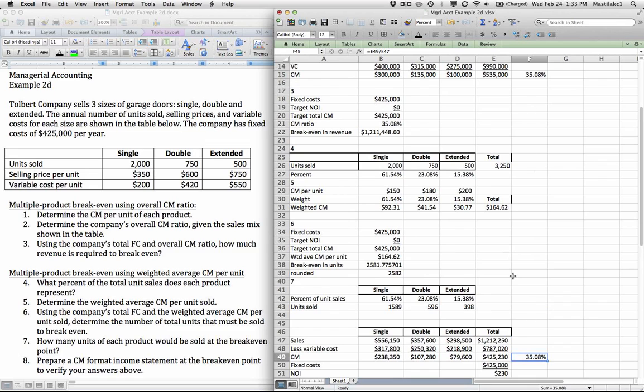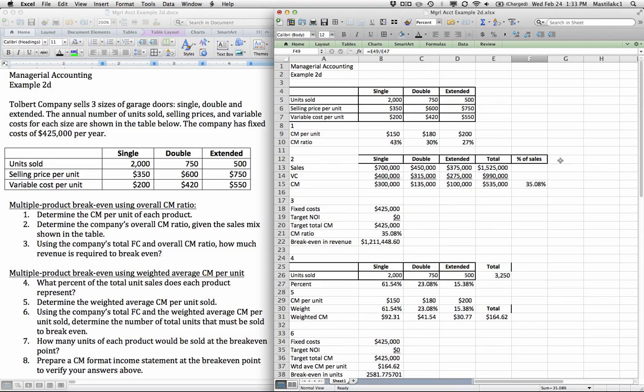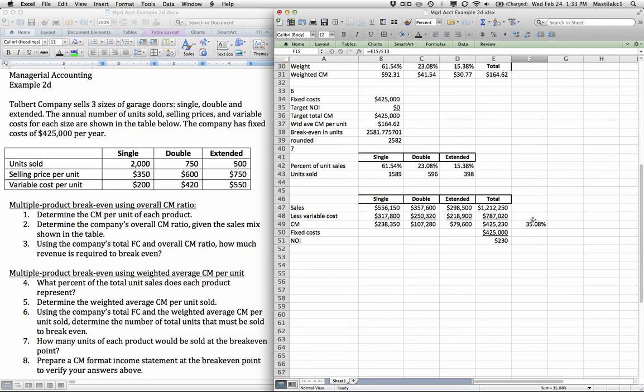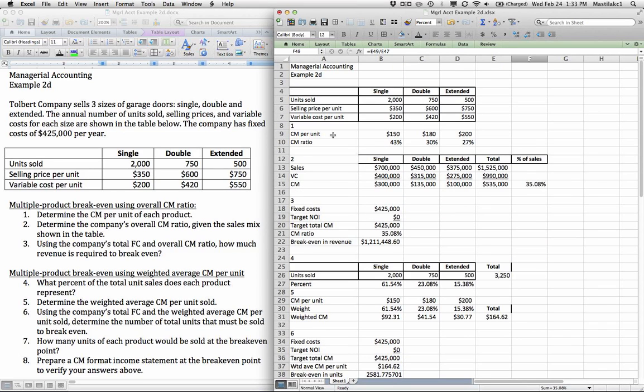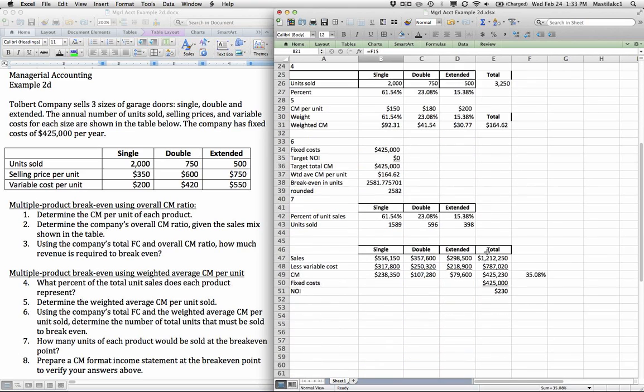We got some rounding error built into what we've sold, but the contribution margin ratio turns out to be the same. The rounding error doesn't seem to affect that. So what we've done here in review is we looked at 2 different ways to deal with multiple unit break-even sales. We can either calculate a company-wide contribution margin ratio and treat that just like a single product contribution margin ratio.